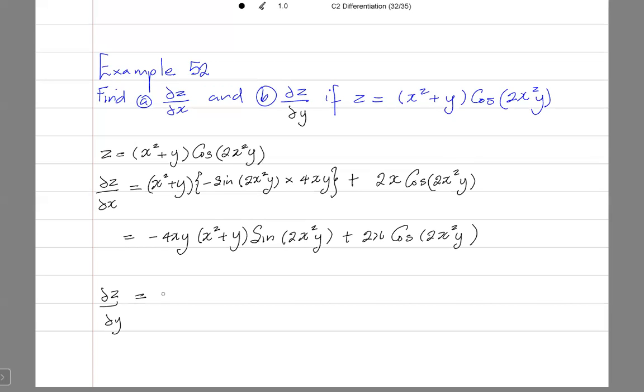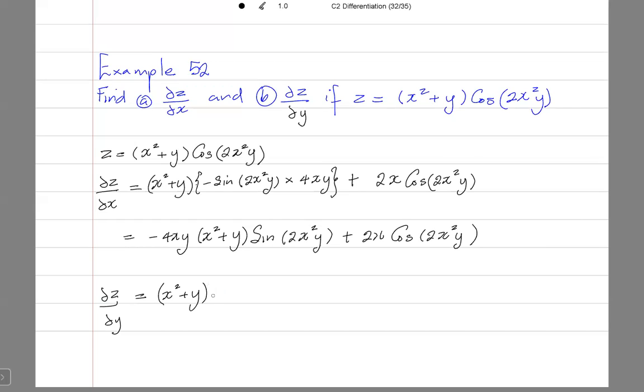I'm going to leave the first, which is x squared plus y. Differentiate the second. I'm going to partially differentiate cos 2x squared y with respect to y.